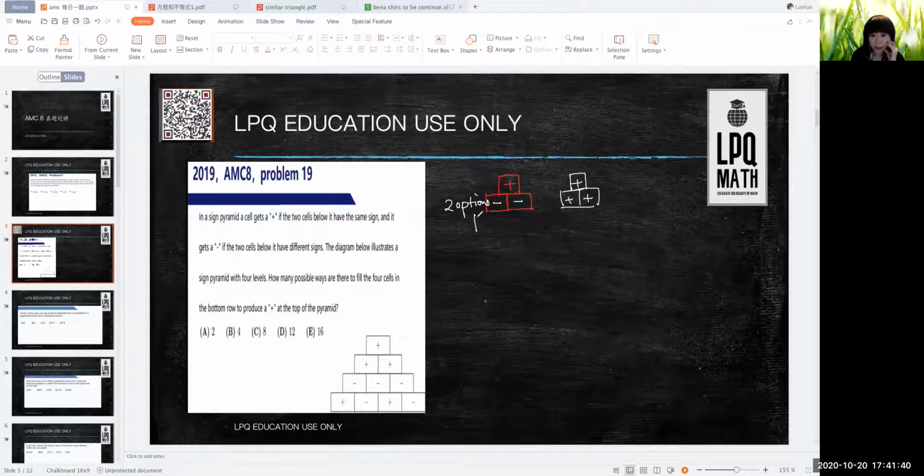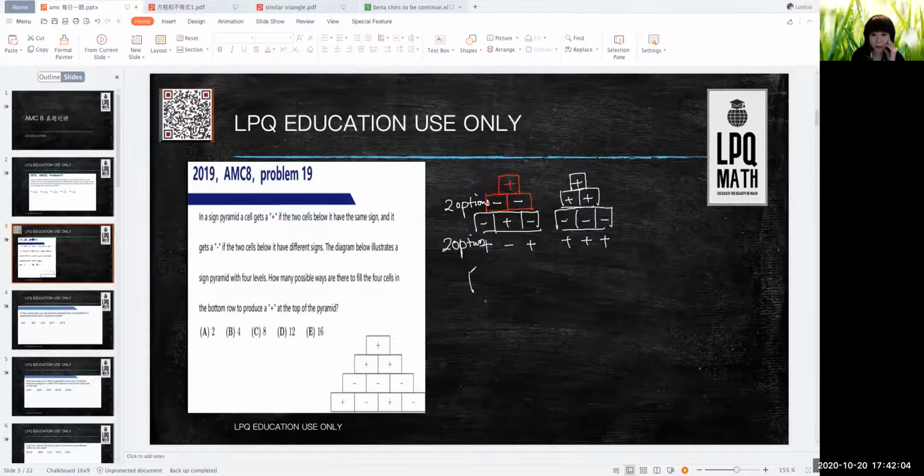So let's take a look at layer 3. How many options are there? To make this one negative, you either have negative, negative, or positive, negative, positive. For this one, it's the same as negative, negative, negative, or positive, positive, positive. So there are also 2 options.